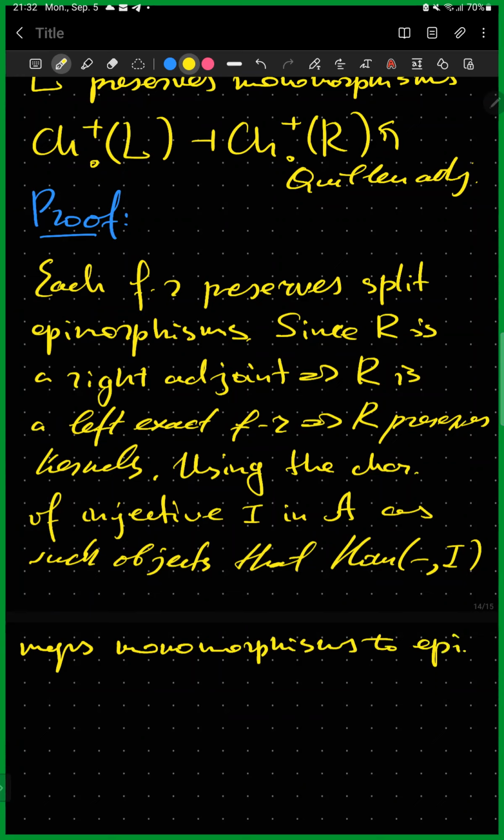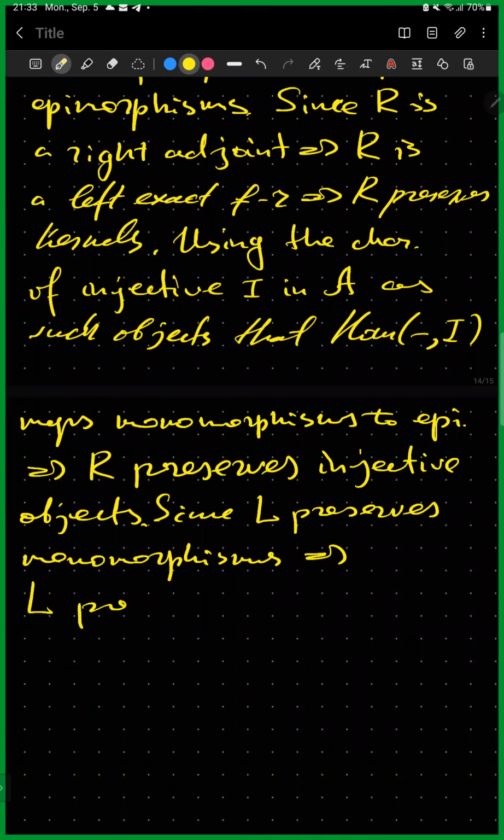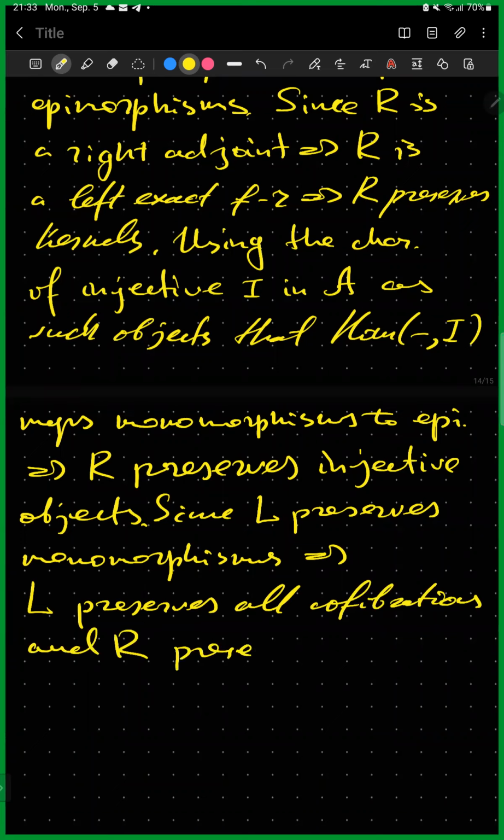Since L preserves monomorphisms, it implies that, by adjunction isomorphism, L preserves all cofibrations and R preserves all fibrations.